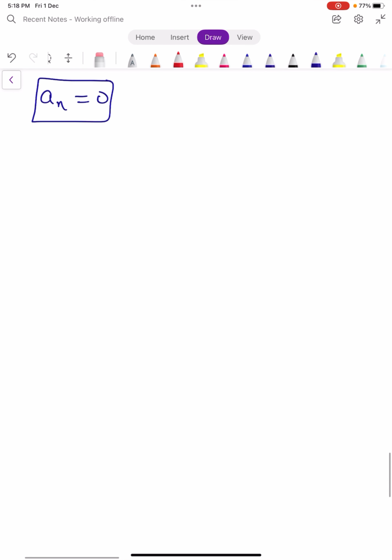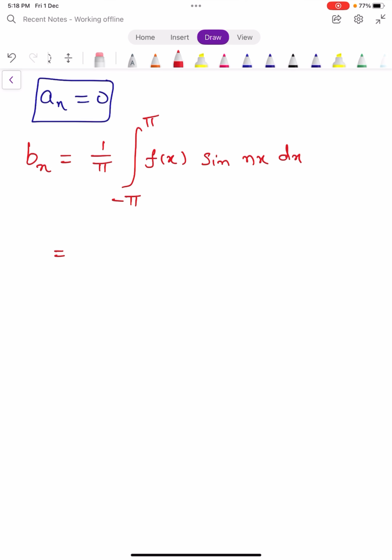Now it remains to find bn. bn is equal to 1 by pi integral from minus pi to plus pi of f of x sin nx dx, which equals 1 by pi integral from minus pi to pi of (x minus pi) sin nx dx.